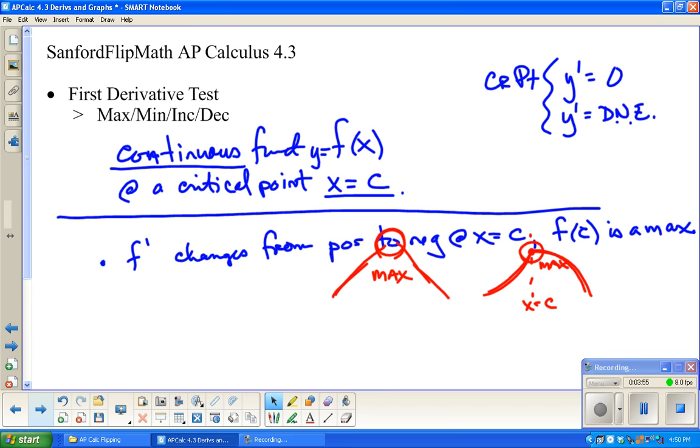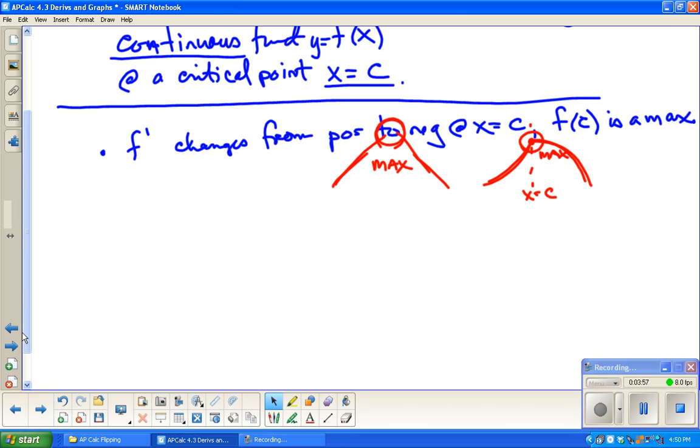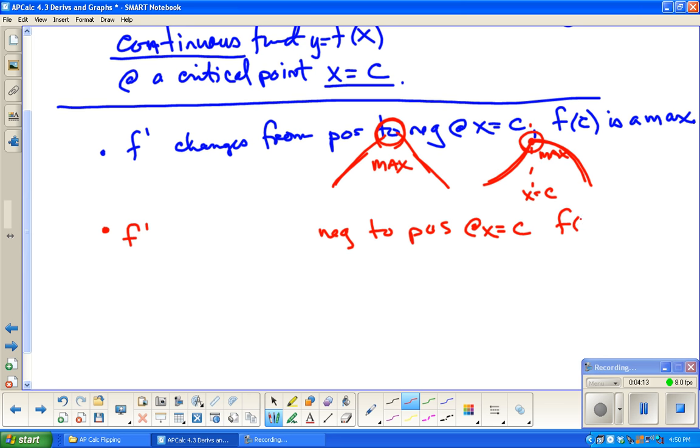The second part says something very similar. If f prime changes from negative to positive at x equals c, then f of c is, you guessed it, a minimum.